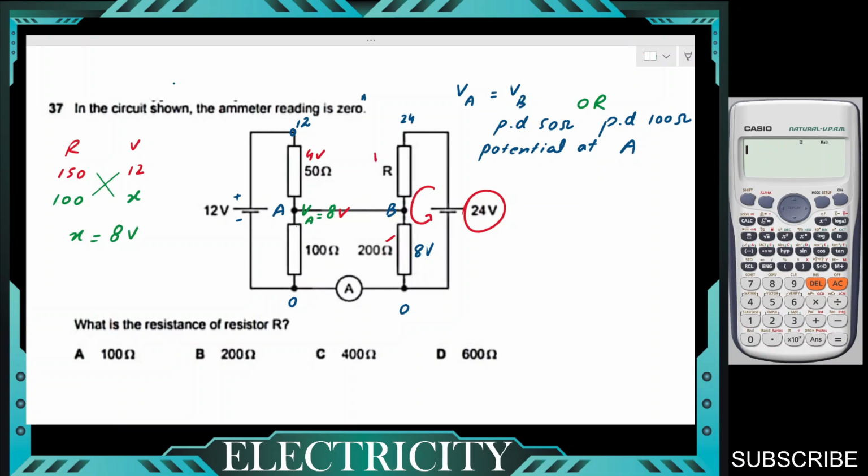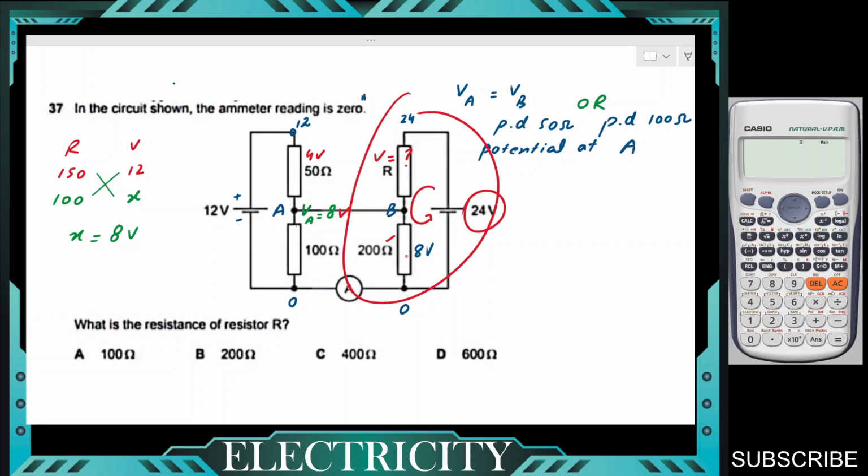How many volts would be dropped across this one? Across R. How many volts would be dropped? The answer is very simple. It is 24 minus 8. Okay, just consider this circuit. So you were having a total of, let's say, 24 rupees.